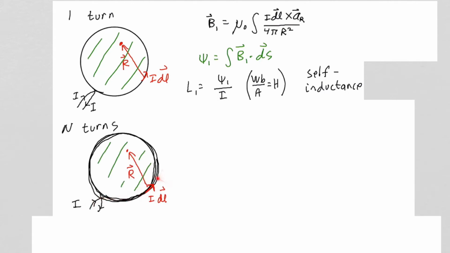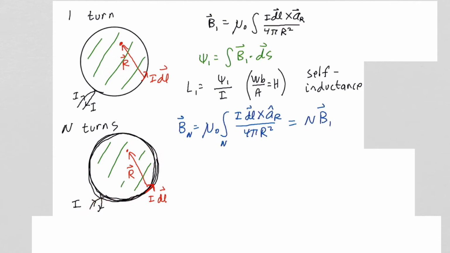Now let's form a coil of n turns. So we'll have the same cross-sectional area as our one-turn coil, and we'll have the same current I flowing through it. We can again use the Biot-Savart Law to find the magnetic flux density field everywhere inside our n-turn coil, but now we're going to have to integrate around n times.